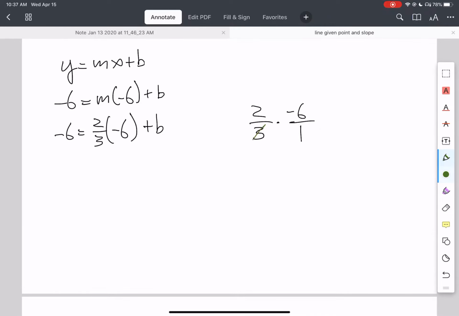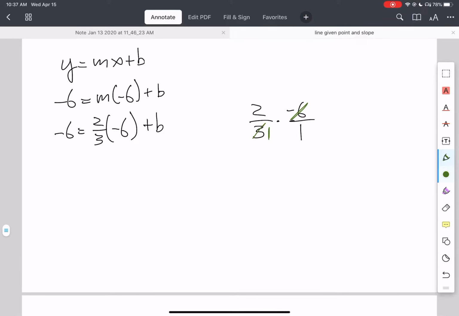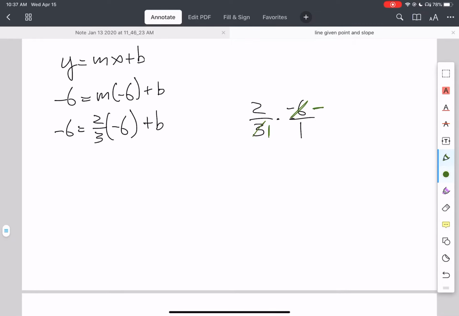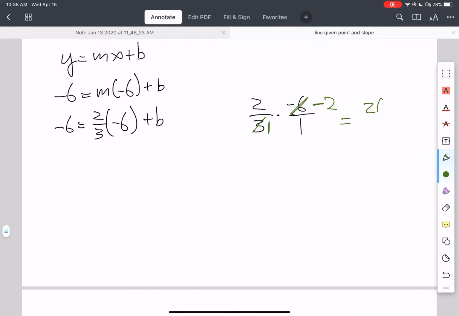Well, the 3 and the 6 can cancel. 3 becomes a 1, and negative 6 becomes a negative 2. So that now simplifies to 2 times negative 2, which is negative 4.